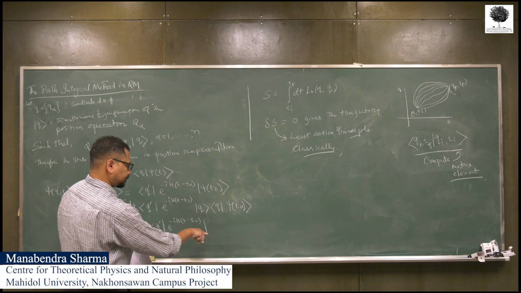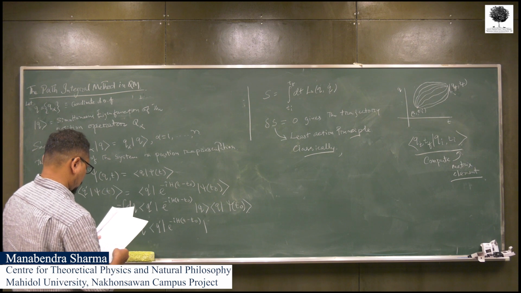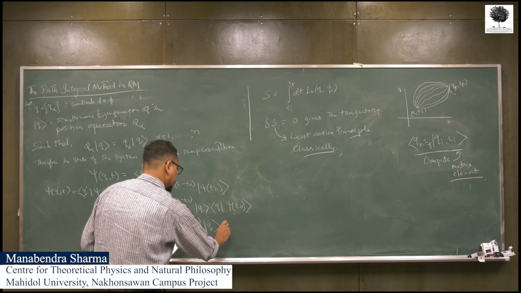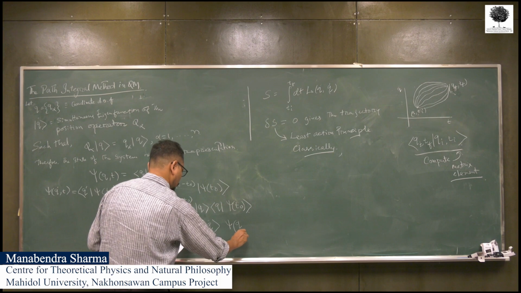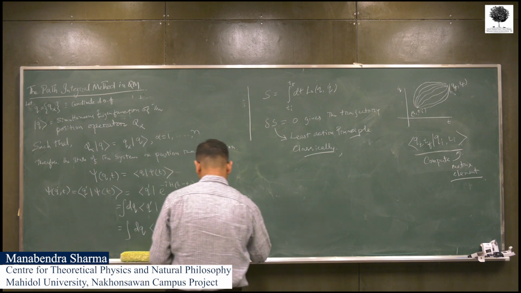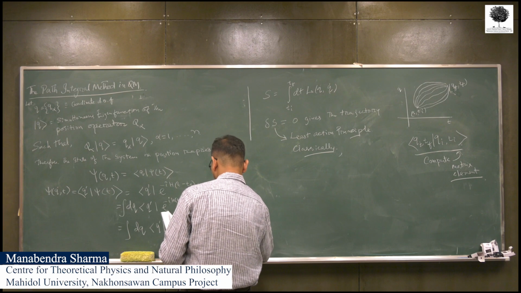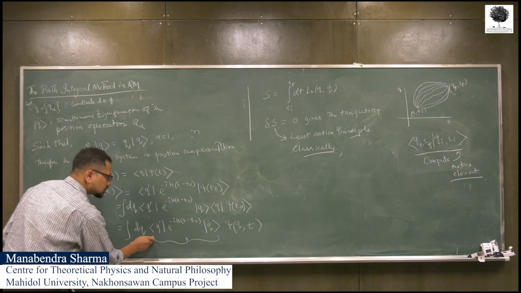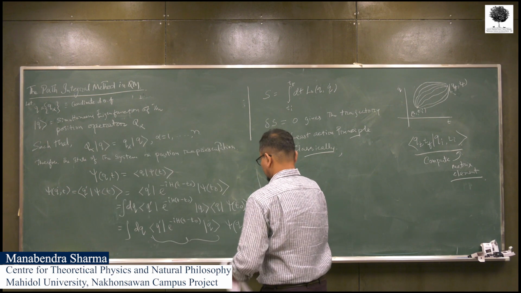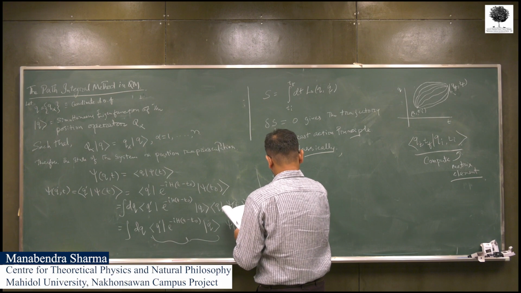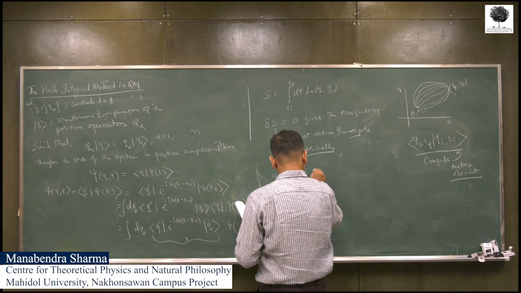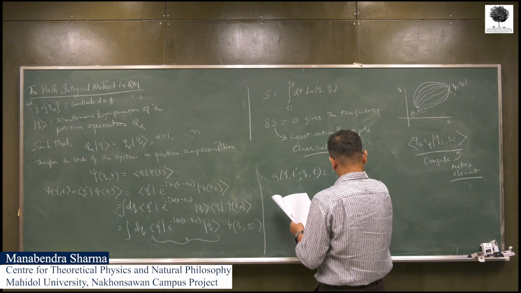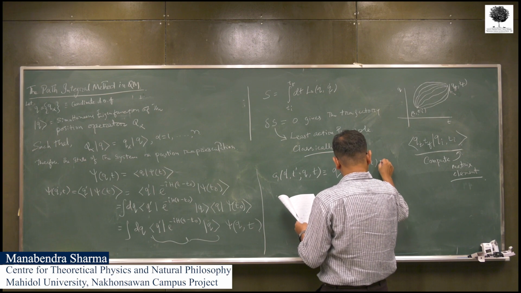So ψ(q, t). So this guy sitting here is called the Green function, which we write as ⟨q′, t′|q, t⟩, defined as ⟨q′|e^(−iH(t′−t))|q⟩.